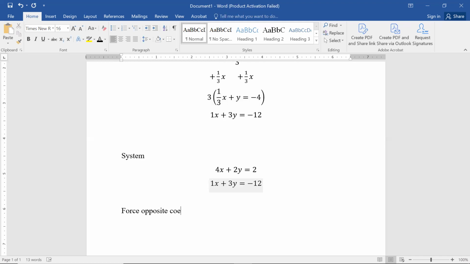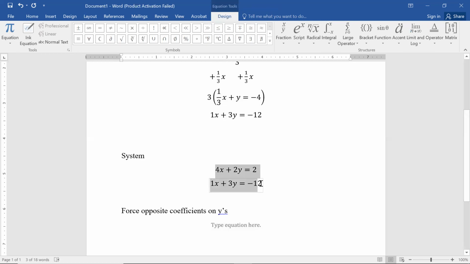We need to force opposite coefficients on one of the variables. Let's do it on the y this time. So we force opposite coefficients on the y's.